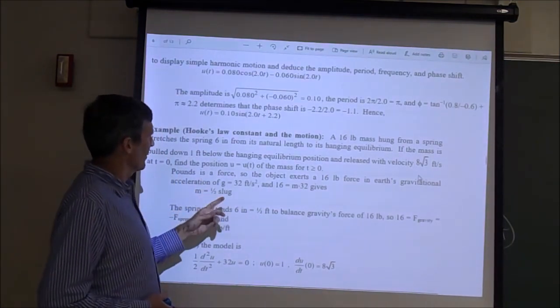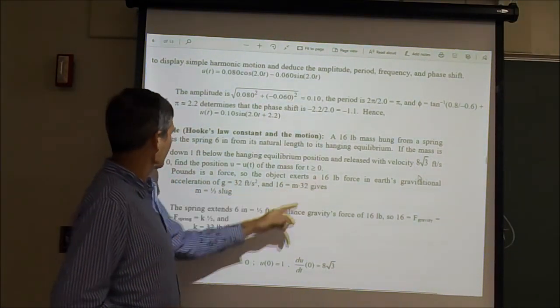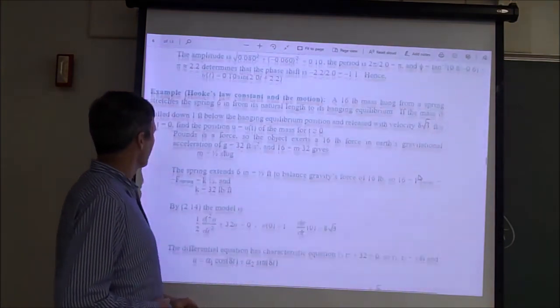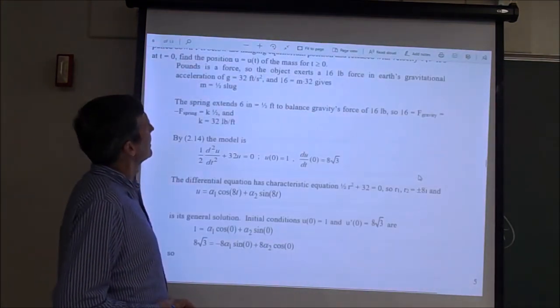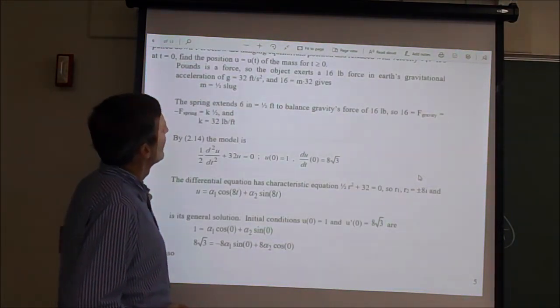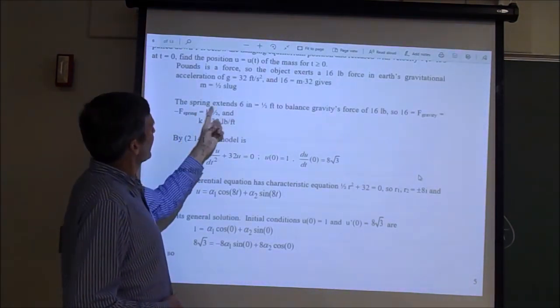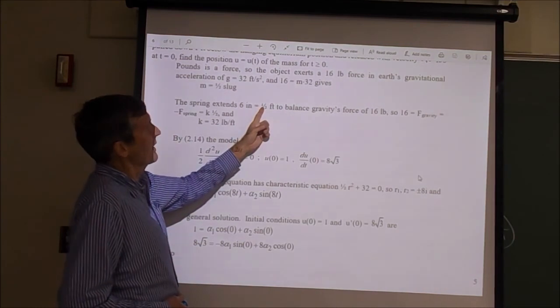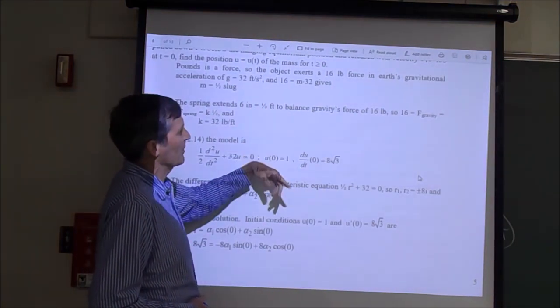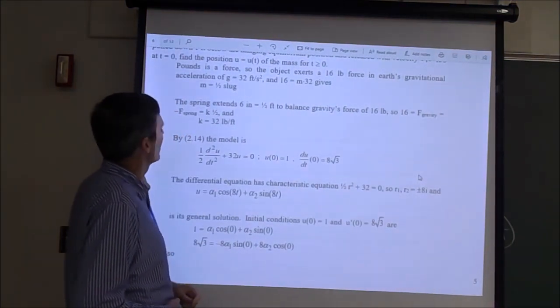Well, pounds is a force, so the object exerts a 16-pound force, and you get m equals 1/2 slug from 16 pounds of force. The spring extends 6 inches, that's 1/2 foot. We have to put everything in terms of feet, just like last time we had to use all meters.